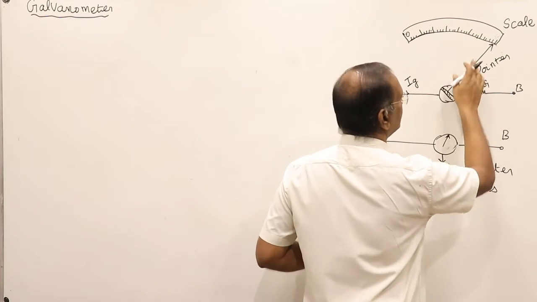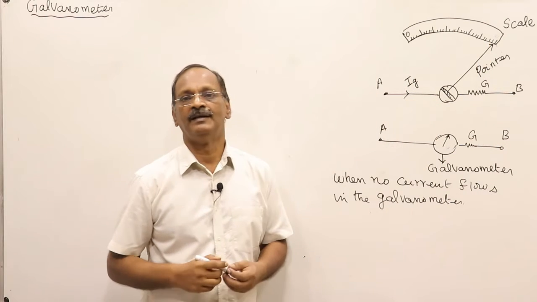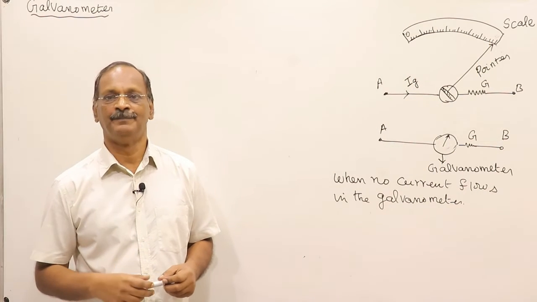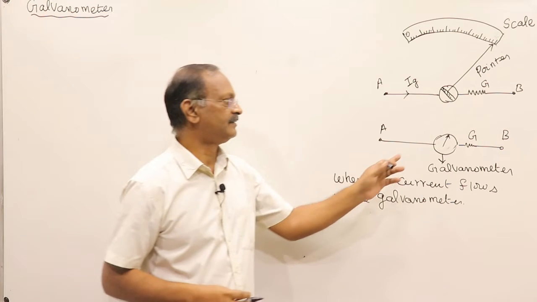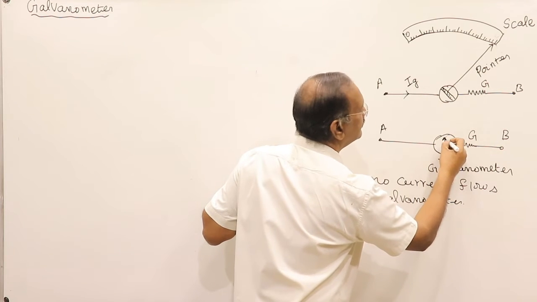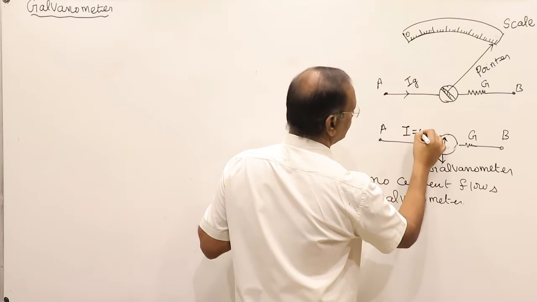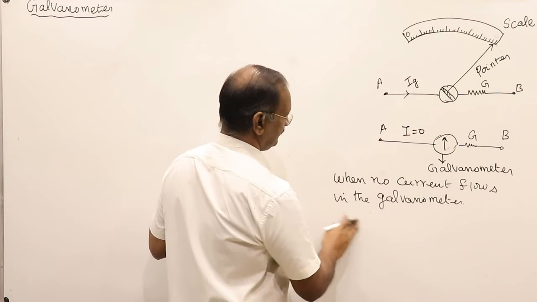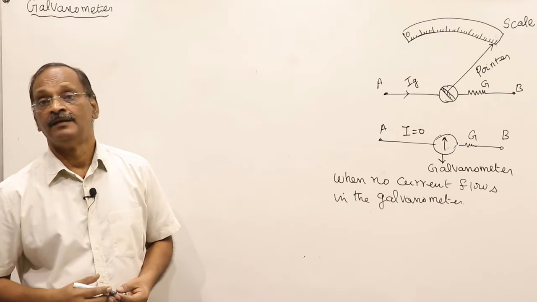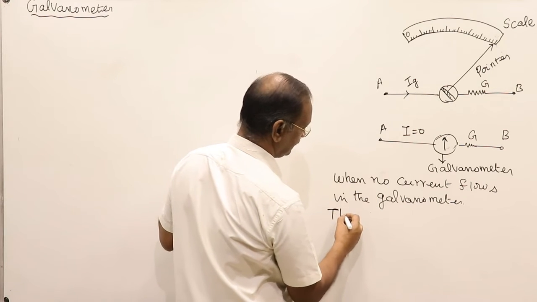Whenever there is current flowing, the pointer will move from 0 to maximum. When no current flows in the galvanometer, it shows no deflection. This is the equilibrium position. When no current, I is equal to 0, this position is known as the equilibrium position.